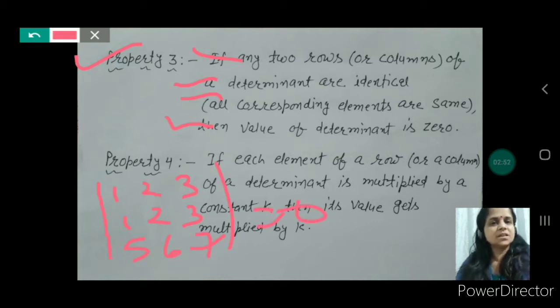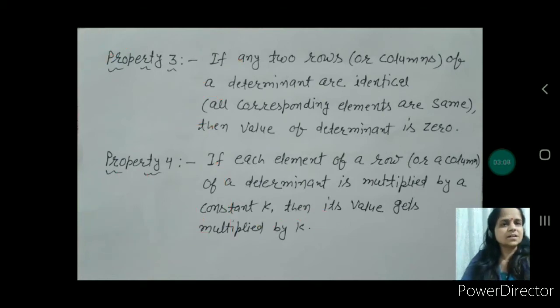Either two rows or two columns may be identical. It may be R1 and R3, R2 and R3, or C1 and C2, C2 and C3. So, if any two rows or columns are the same, then the answer would be 0.